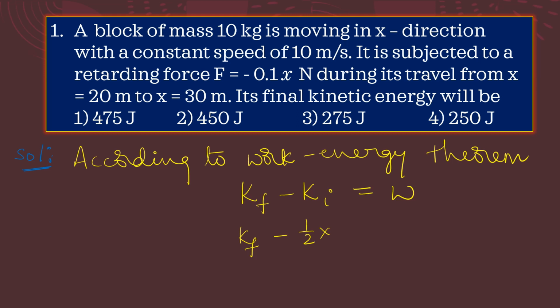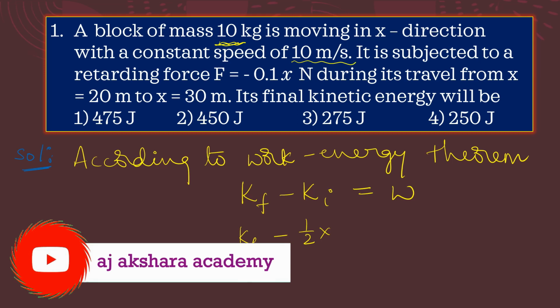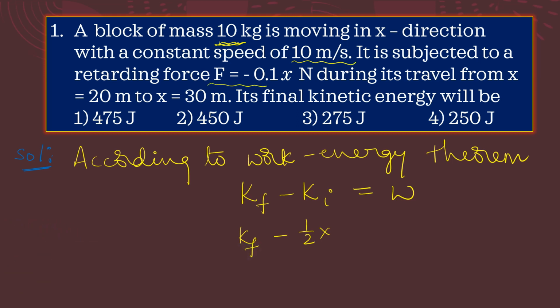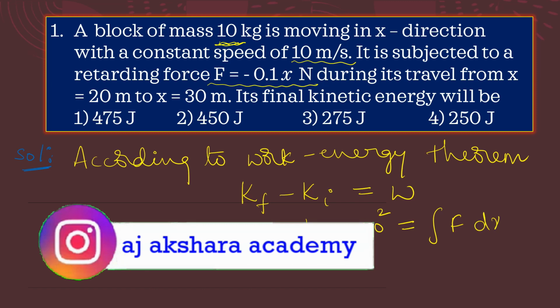M here they given as mass 10 kilogram. Speed they given as 10 meters per second. Force they given as minus 0.1 x. Let us substitute. Half into 10 into 10 square is equal to W, which can be written as integration of F dx.